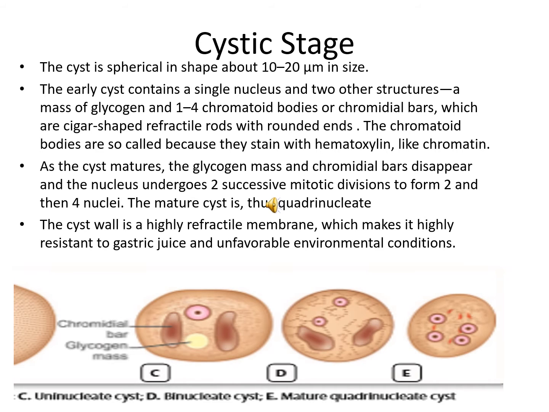The 2 nuclei cyst is the binucleated cyst, and with 4 nuclei you will call it a quadrinucleated cyst. The cyst wall is a highly refractile membrane, which makes it highly resistant to gastric juice and unfavorable environmental conditions. So the final cyst is the quadrinucleated cyst, which is the infective form.